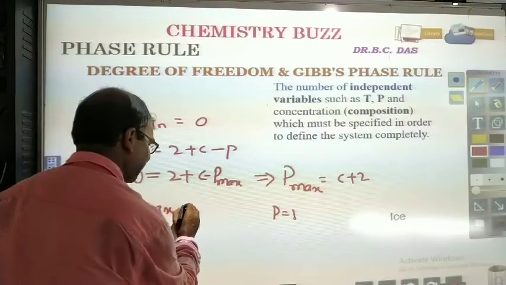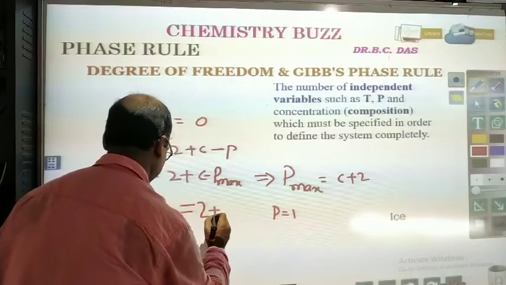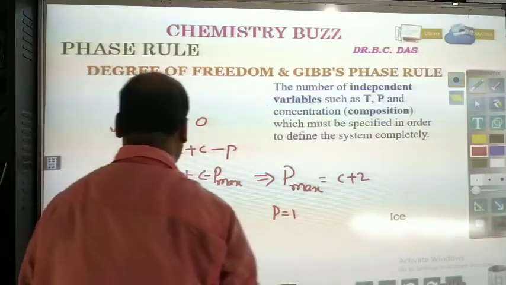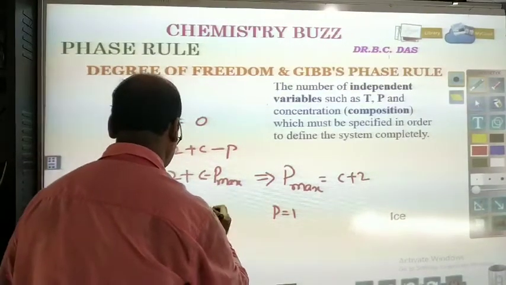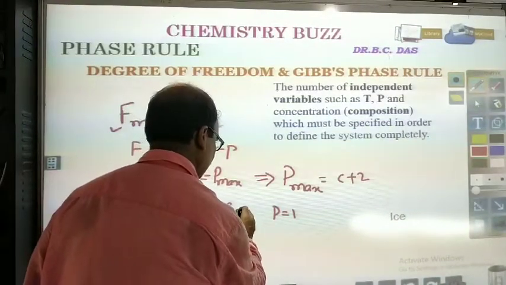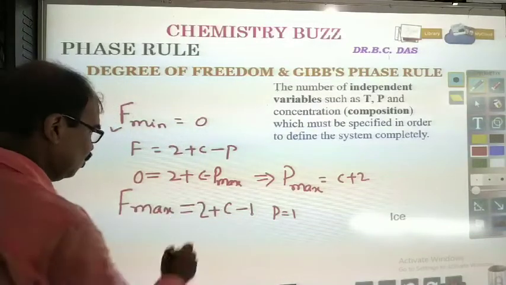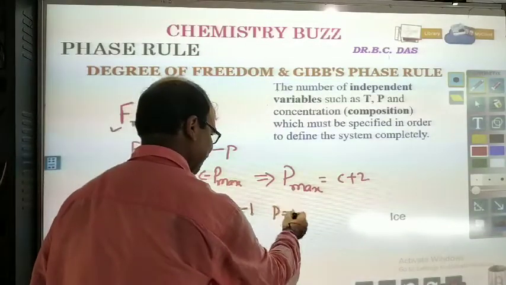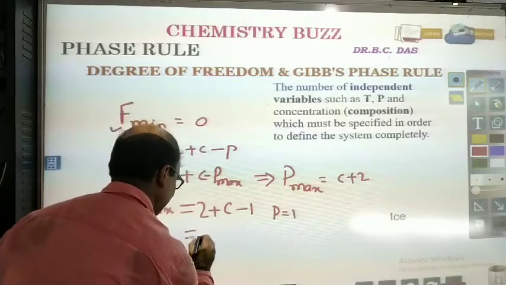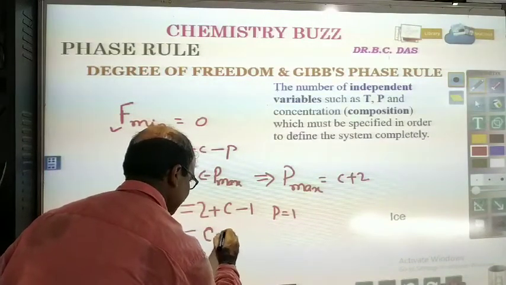So we can write this F max is equal to 2 plus C minus 1. Okay? 2 plus C minus 1 because P is the minimum. So this is equal to C plus 1.